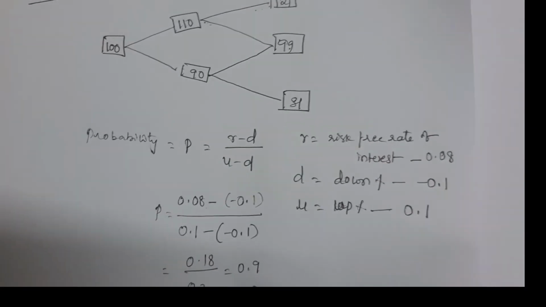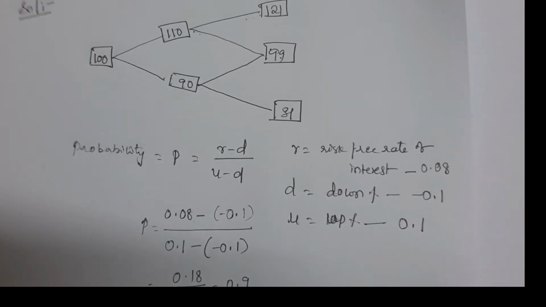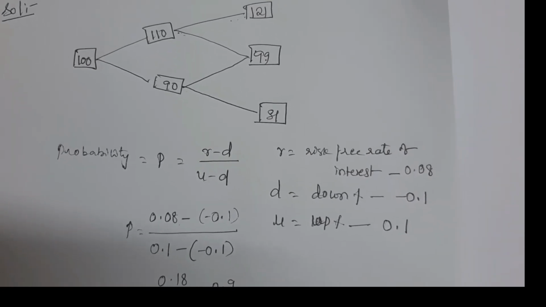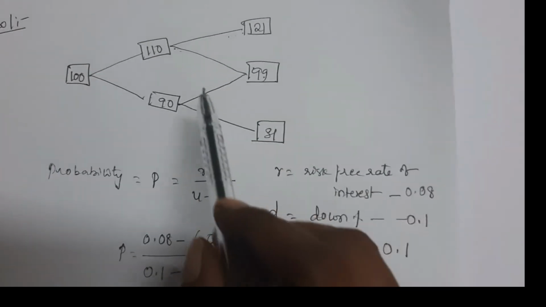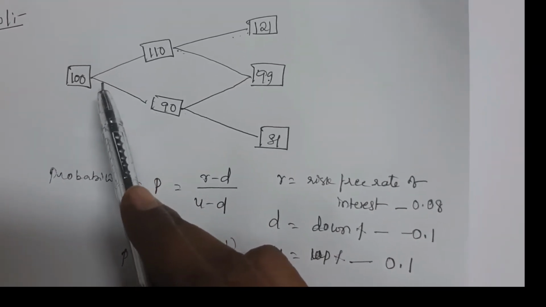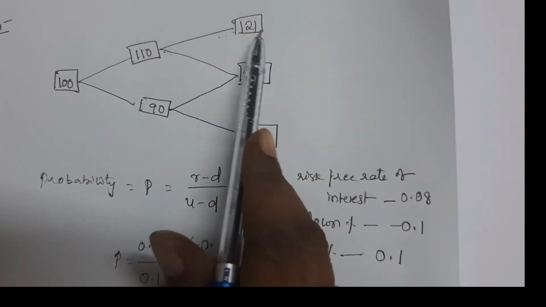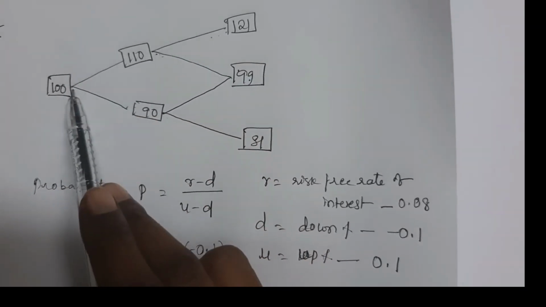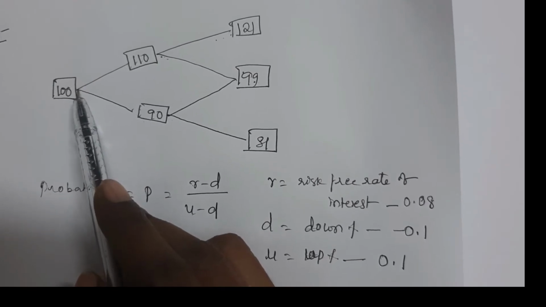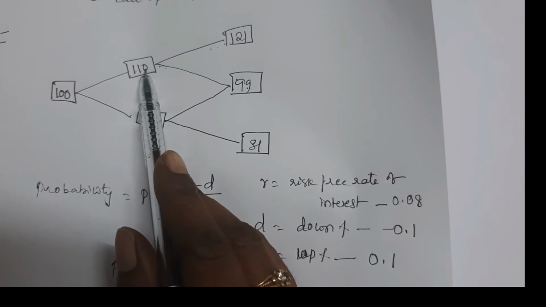After calculation of the probability, again we need to look into the exercise part of the option. As it is a call option, we will exercise this contract only when the share price increases. So if the share has increased from 100 to 110, then we will exercise the contract.